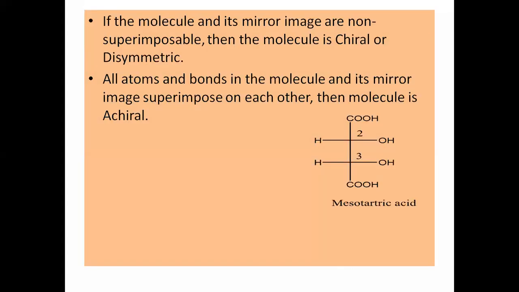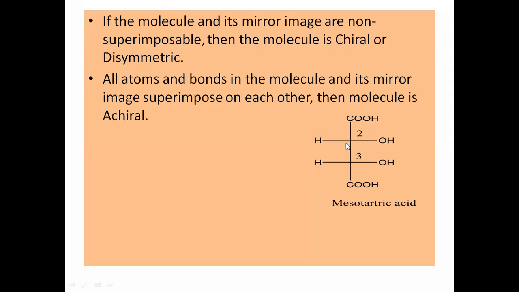If the molecule and its mirror image are non-superimposable, then the molecule is chiral or dissymmetric. If all the atoms and the bonds in the molecule and its mirror image superimpose on each other, then the molecule is achiral.